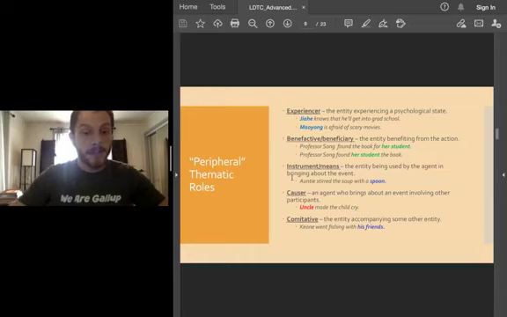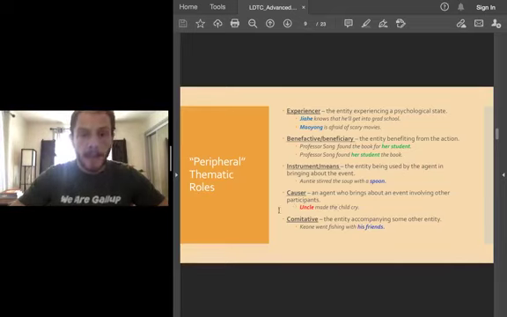So a causer is actually kind of a subcategory of agent. So causers are agents who bring about an event involving another participant. So they are not necessarily the ones doing the action, but they cause the action, or they cause someone else to do the action. For example, Uncle made the child cry. Uncle is not the one crying, but he causes the child, who is the agent, to cry.